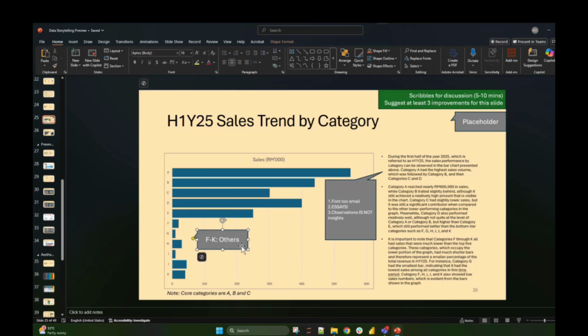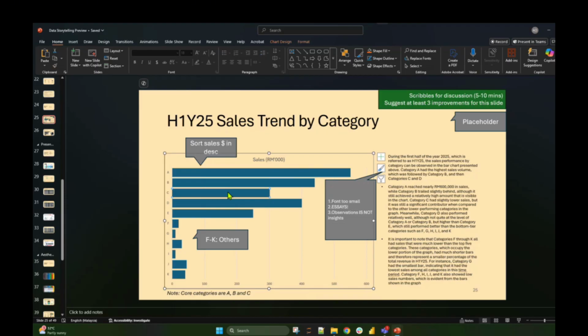Okay. There are 2 ways about it, so this is where I would discuss further with you. Sort sales value in descending order. Okay, I would want to have a small disagreement with you, Leong. The reason is that the note here says core categories are A, B, and C. If we are sorting sales in descending order, D is going to be up here already.